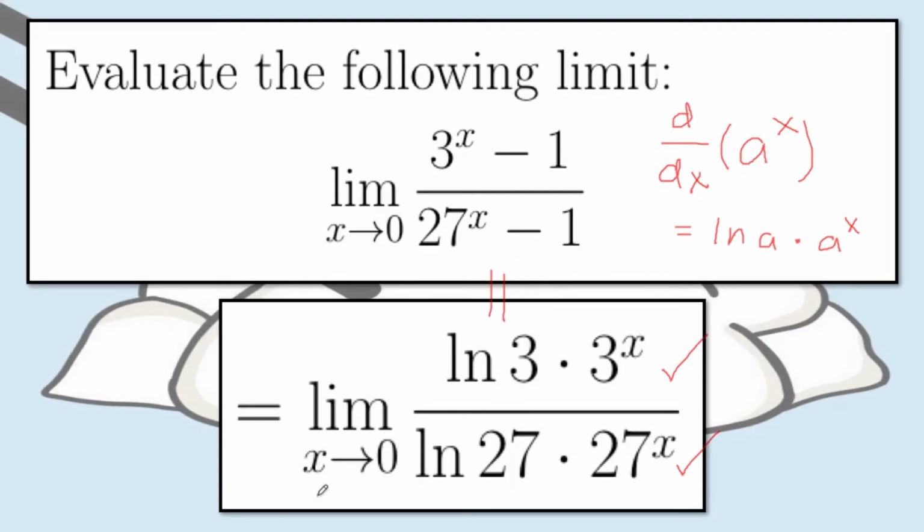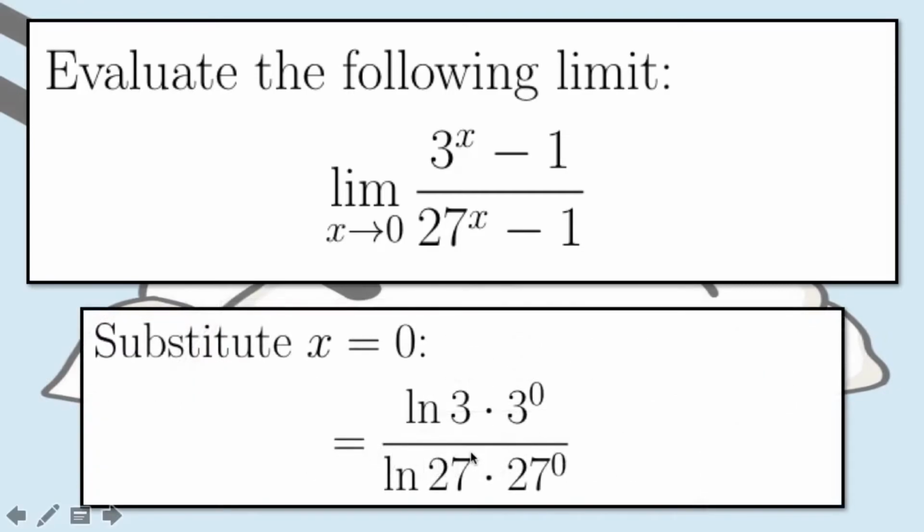Now we check: if I substitute x equals 0, will it work now? Yes, it will. We end up with ln 3 times 3 raised to 0 all over ln 27 times 27 raised to 0. This is just equal to ln 3 over ln 27, since 3 raised to 0 and 27 raised to 0 are both equal to 1.